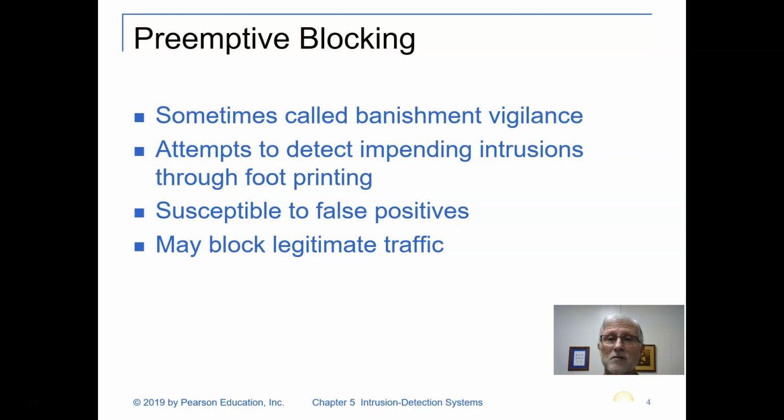Sometimes it's called banishment vigilance. Otherwise, I'm being very vigilant as far as who I allow in and who I don't allow in. Maybe it could be attempts to detect people getting in, looking at the type of traffic, and maybe they're leaving a footprint or a pattern of data that looks suspicious or out of the norm for what the business is.